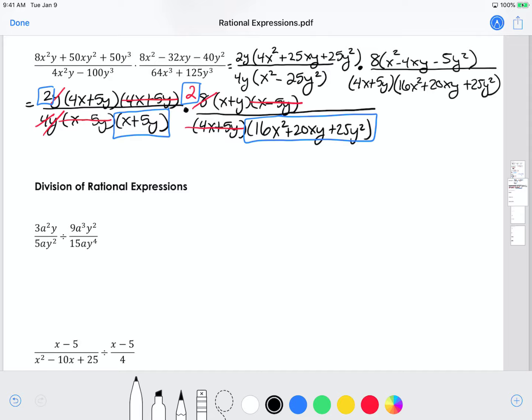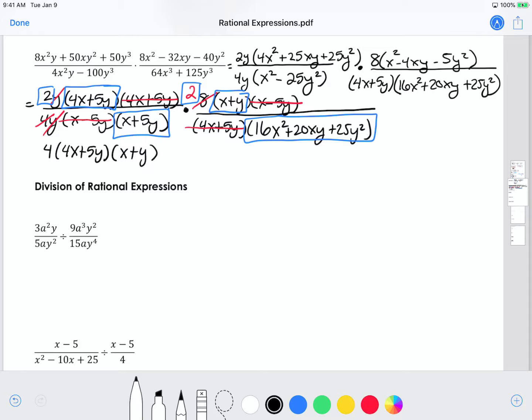So when I write down my final answer, I'm going to have 2 times 2, and I also have 4x plus 5y and x plus y. So I'm going to have the 2 times the 2 in the top, which is 4, times 4x plus 5y, and I still have the x plus y up there as well.